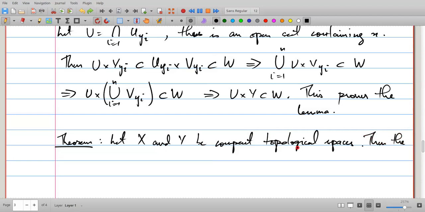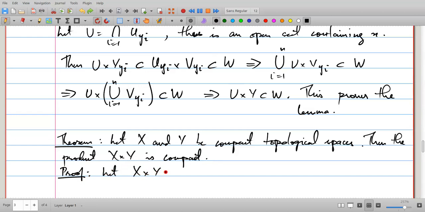Then the product X cross Y is compact. So proof. Let's say we are given an open cover.